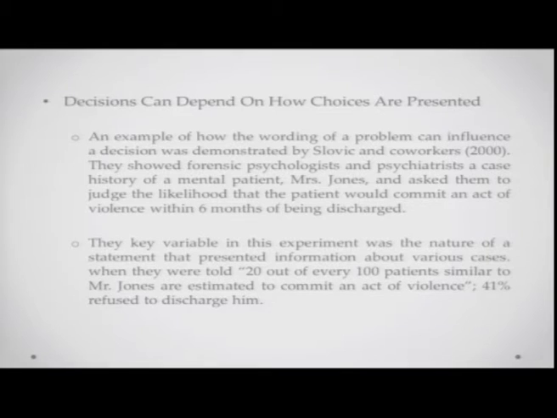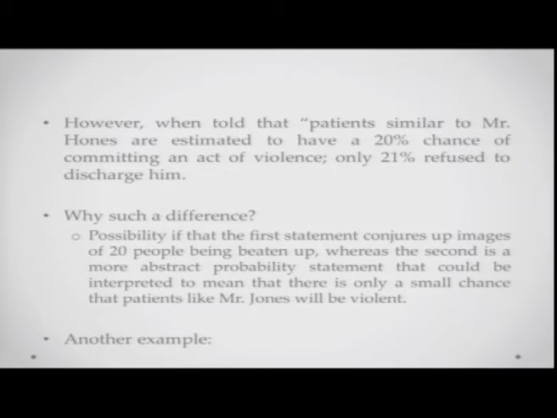The key variable in the experiment was the nature of a statement that presented the information about various cases. When they were told 20 out of every 100 patients similar to Mrs. Jones are estimated to commit an act of violence, 41% refused to discharge Mrs. Jones. In the second case, when they were told that patients similar to Mrs. Jones are estimated to have a 20% chance of committing an act of violence, only 21% refused to discharge.